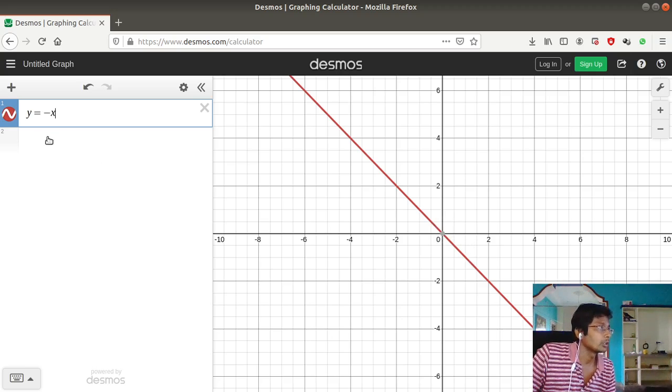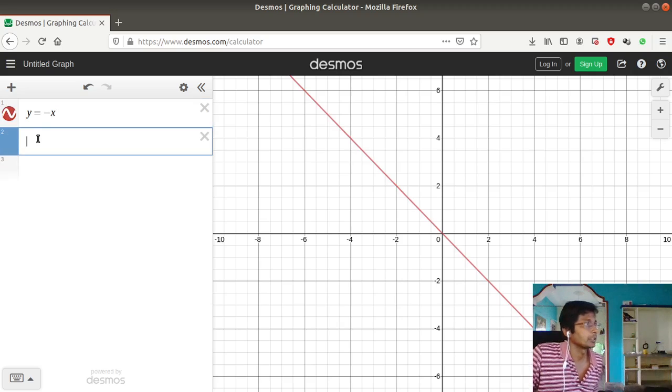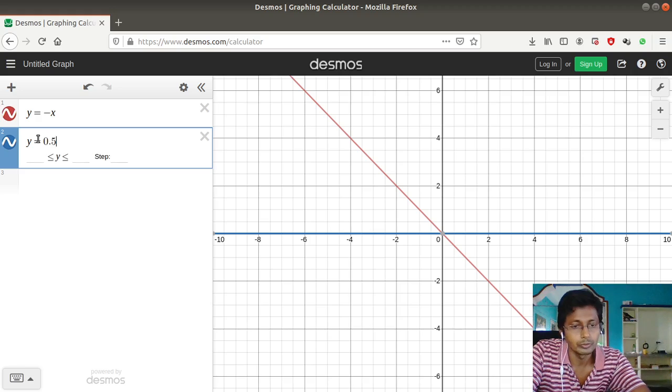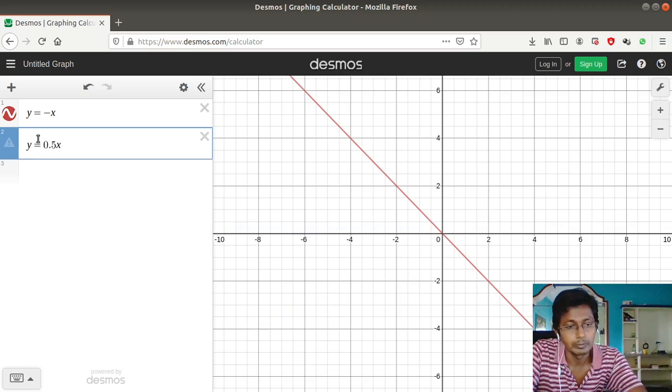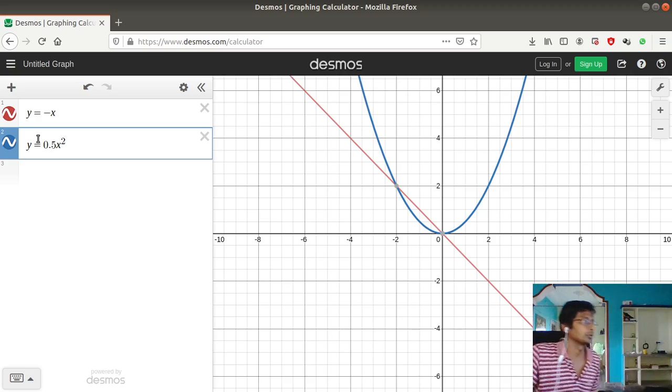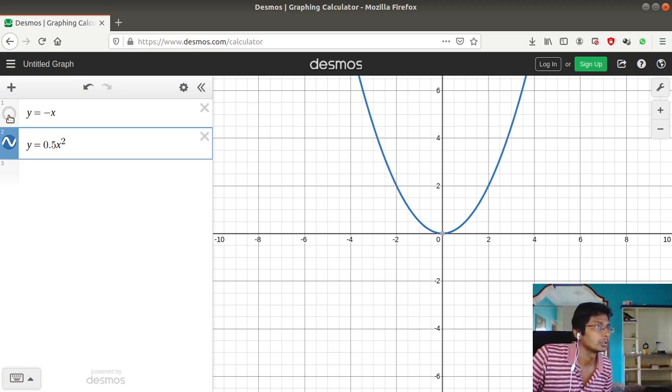Now let's plot x versus v, which is 0.5 times x square. I hide this one.